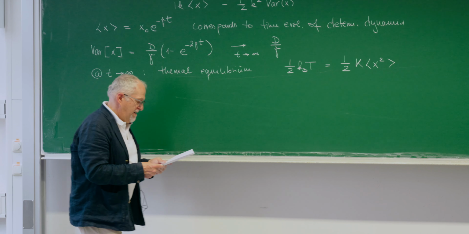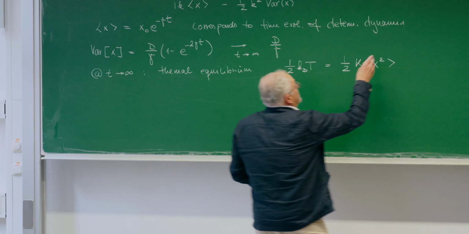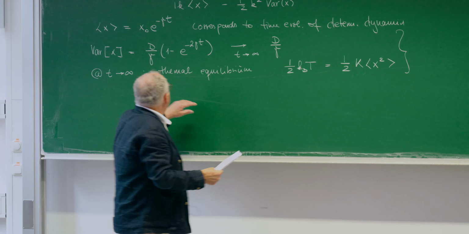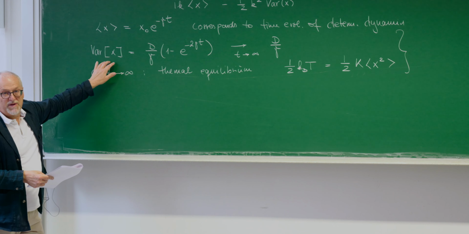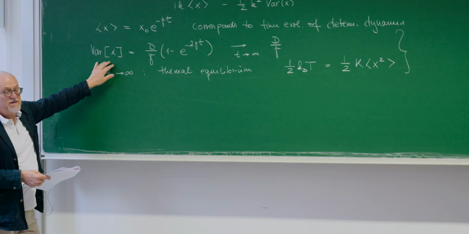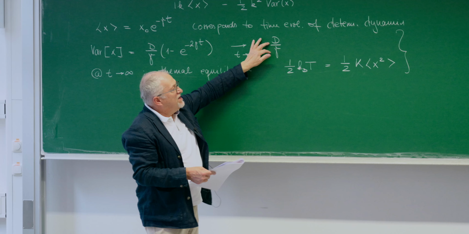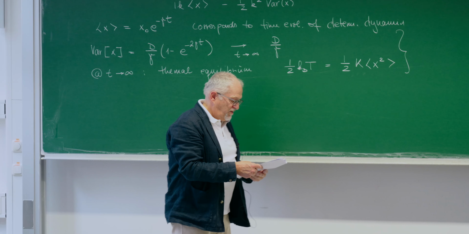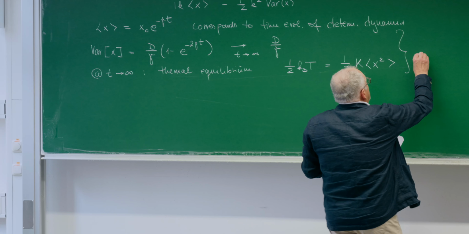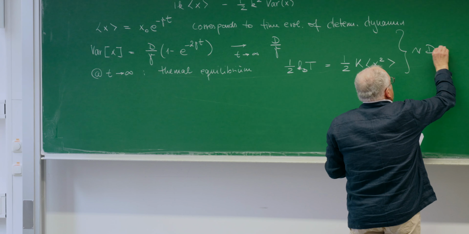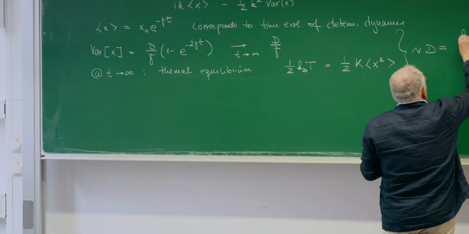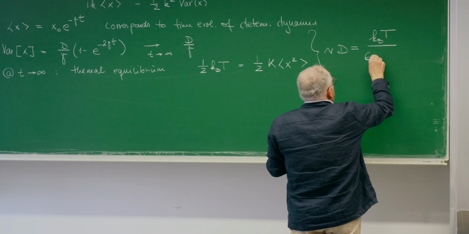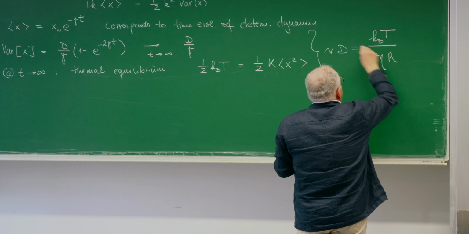But then you have to combine it with what we just found. This has to be the same as what you get from the calculation of the variance. So this D over gamma must be connected with k. You just have to equate it to the corresponding expression. That then means that the diffusion coefficient is not arbitrary, but it actually needs to be of this form.